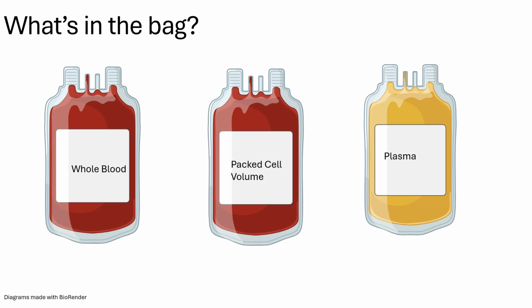So a bag containing only red blood cells is usually referred to by its packed cell volume, PCVs. But using this term, we're saying that what's in the bag is only erythrocytes in an isotonic solution.